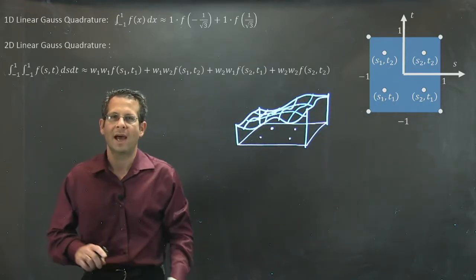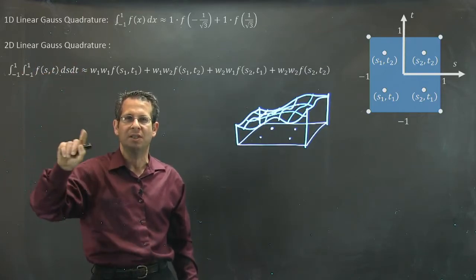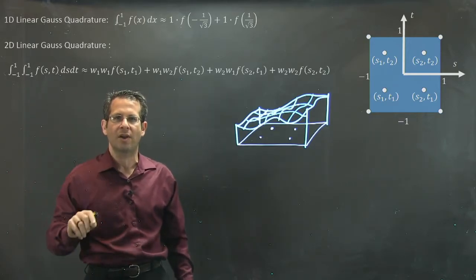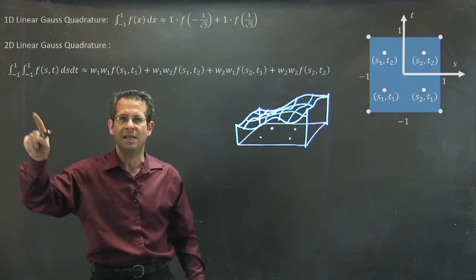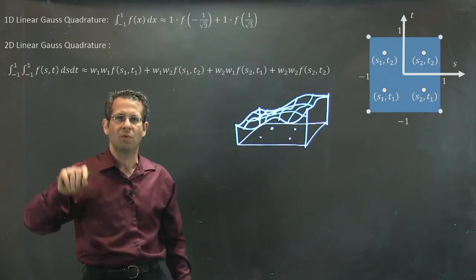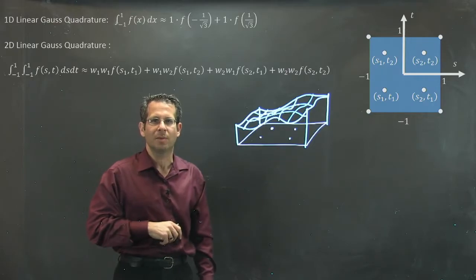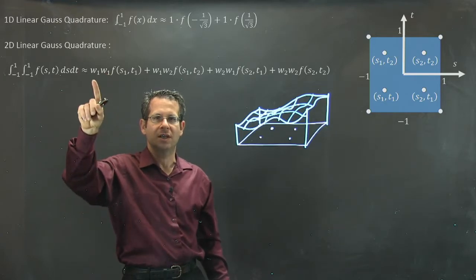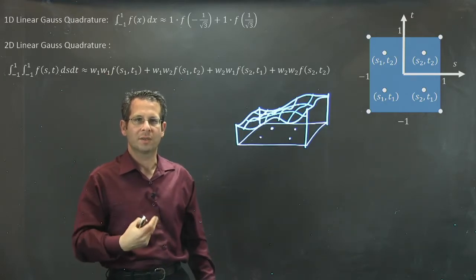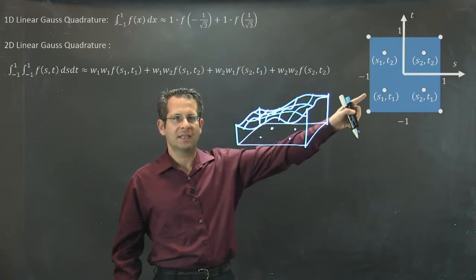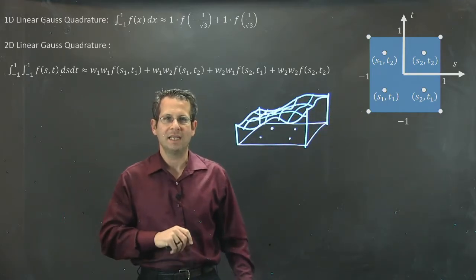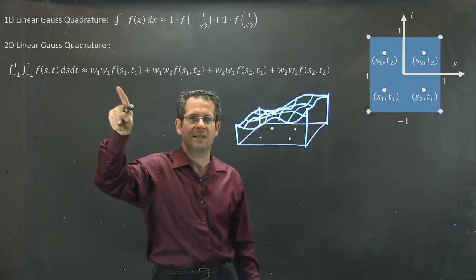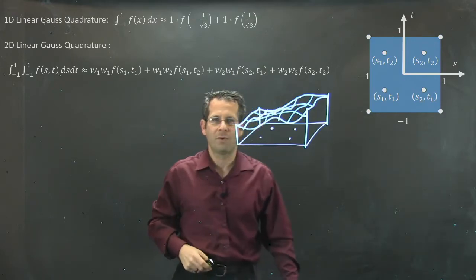So what we're looking for now is a reasonable approximation to a function f, a function of s and t, integrating over the area ds dt from -1 to 1, from -1 to 1. And I'm saying that we can come up with a reasonable approximation for this by multiplying the 2 weighting functions, one that corresponds to my s values and another one that corresponds to my t values, evaluating the function at these 4 locations and then summing up the 4 evaluations.